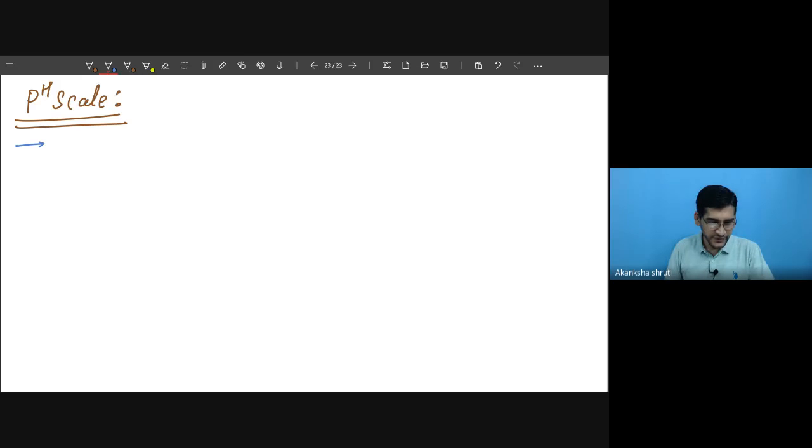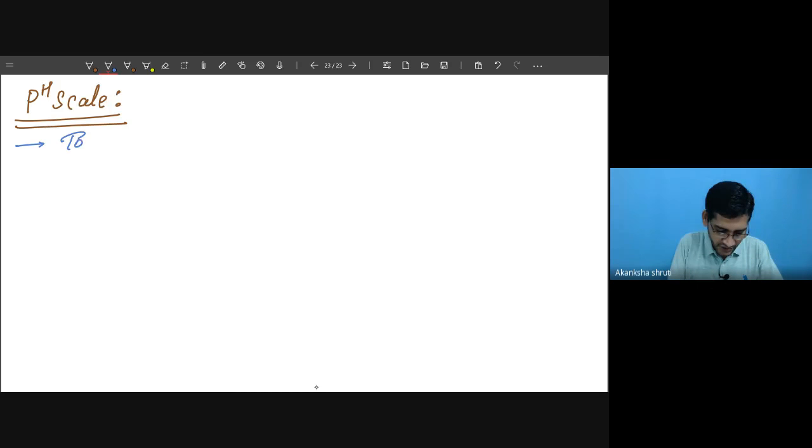Students, this pH scale tells us quantitatively. It is not telling us just a strong acid and weak acid. Even if it is a stronger one, then how much stronger, which one is stronger than which one, all these things can be observed.